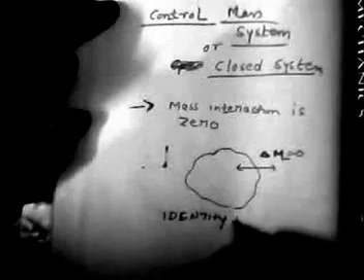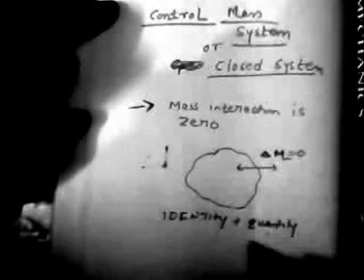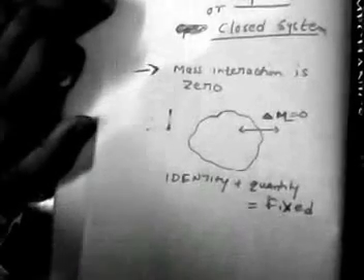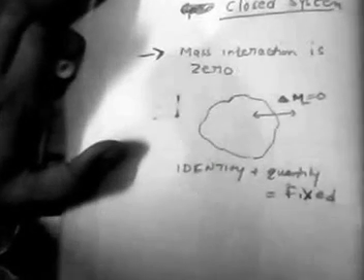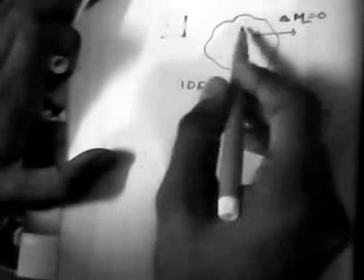That is, identity plus quantity is fixed in case of a control mass system or closed system.